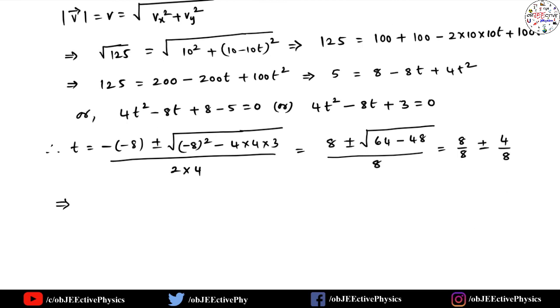So that implies t is equal to 1 plus or minus 1 by 2, or 1 plus or minus 0.5.